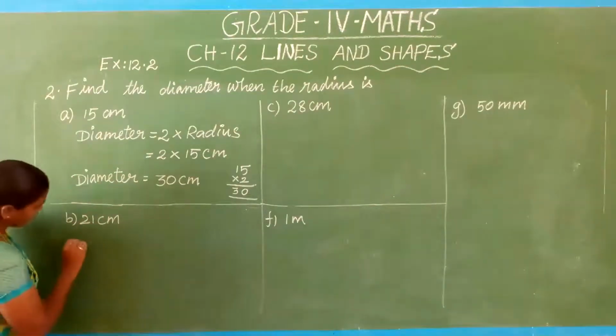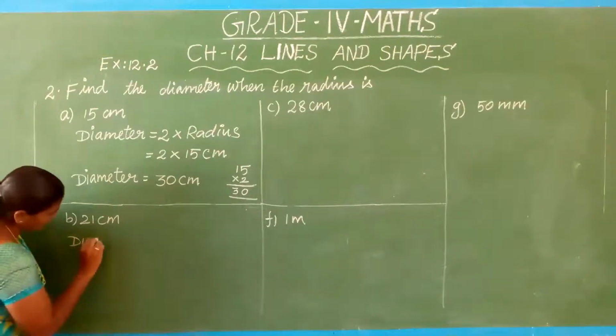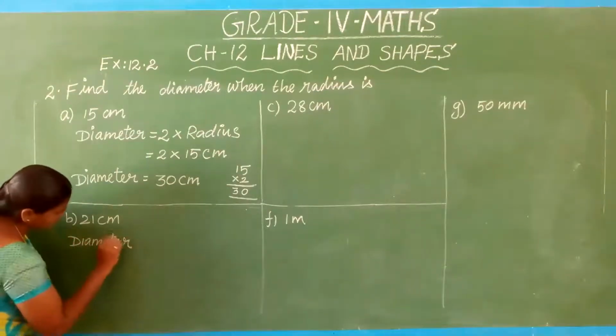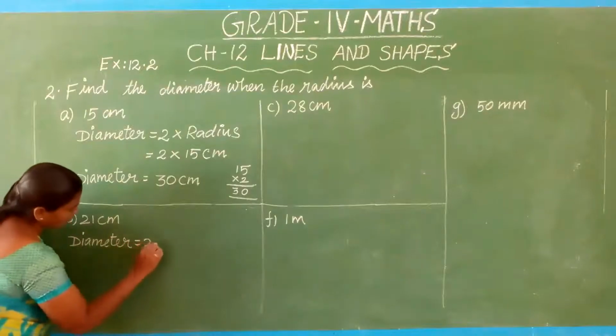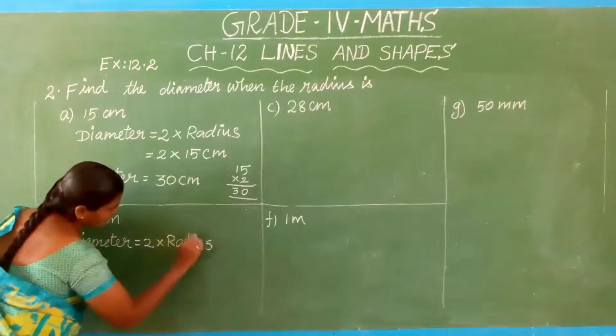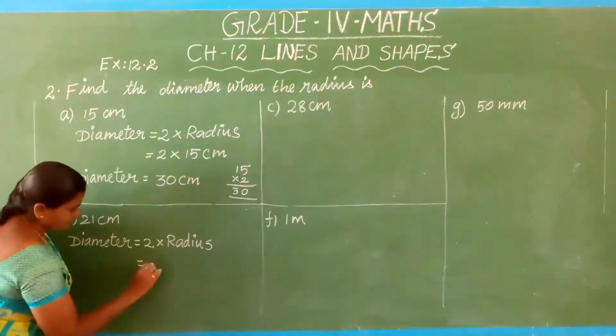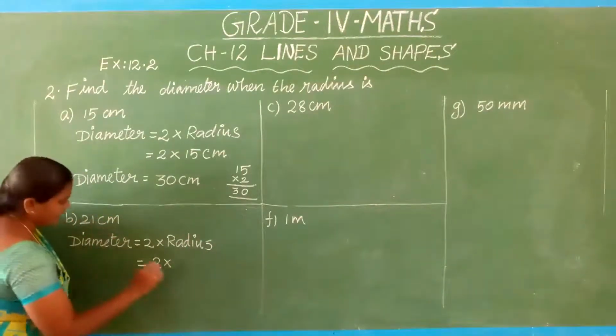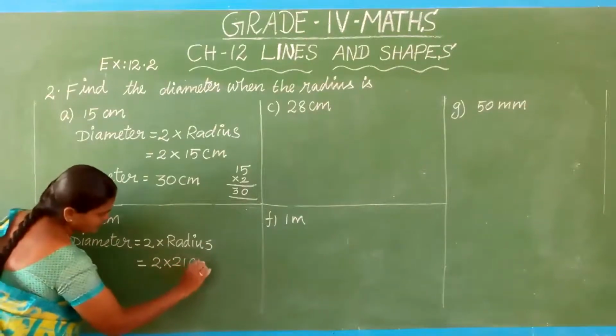Next, B question. 21 centimeter. What is the formula? Diameter equal to 2 into radius. So equal to 2 into radius, which is 21 centimeter.